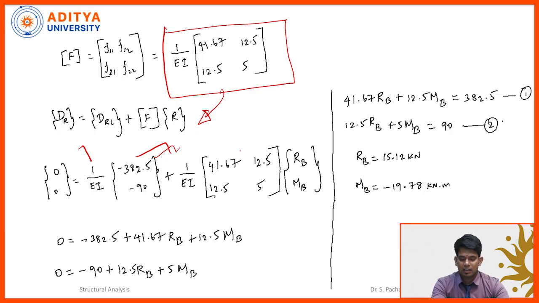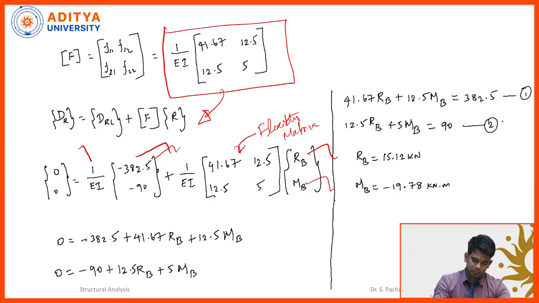And this is nothing but the flexibility matrix, and these are the redundant forces RB and MB we are supposed to calculate. From these I can frame the two equations here.